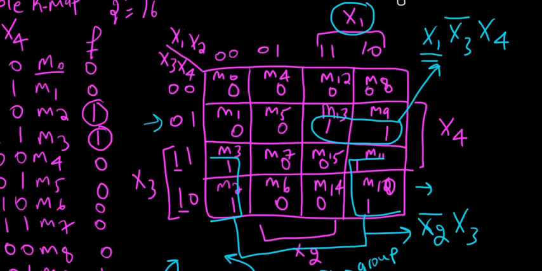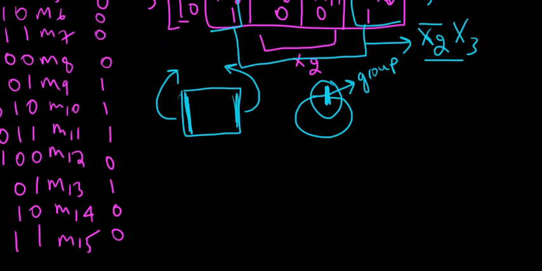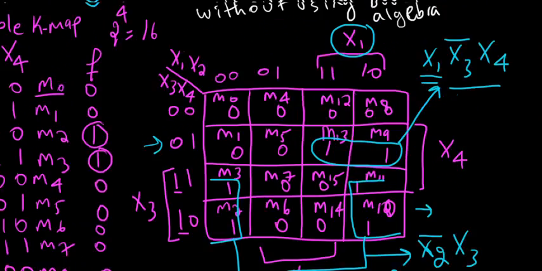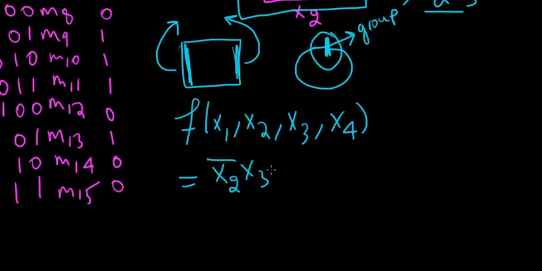Anyways, the function would be here, or with this one. So your final answer in the four variables, x1, x2, x3, and x4, will be x2 bar, x3, ORed with the top one, which is x1, x3 bar, x4.